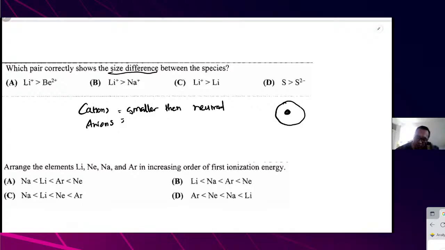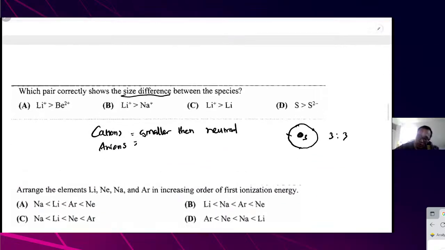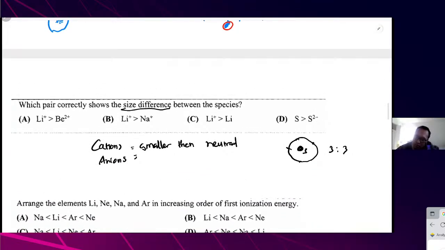It lost one electron. For example, it had 3, but now it lost one. Before that, the protons were, for example, 3, and the electrons 3. Now we decrease the electrons, which means the nucleus can pull much more than before.